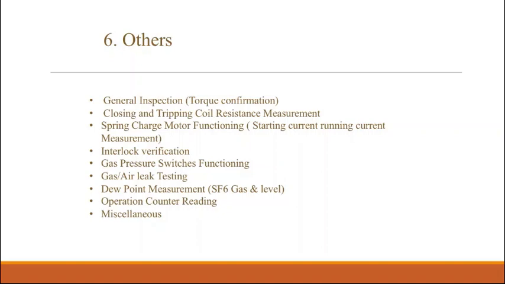Or if, instead of 6, the level goes down to 5, then it has to give the status of SF6 low. If it goes further down to 3 or 4, then it has to give lockout. Those level functionalities we have to verify for these SF6 breakers.